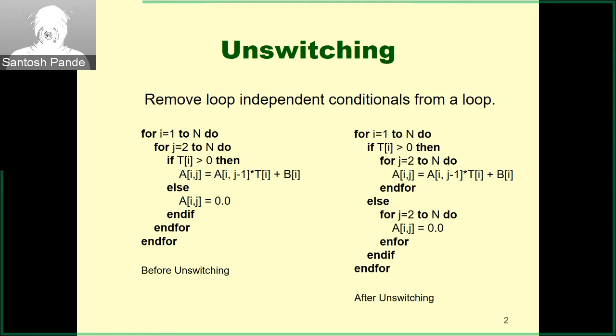in the then side as well as the else side. The body which goes into the then side, of course, is the loop statement a of ij equal to a of ij minus 1 times t of i, etc. And of course, in the else side of the branch, the statement that goes inside is just a of ij equal to 0.